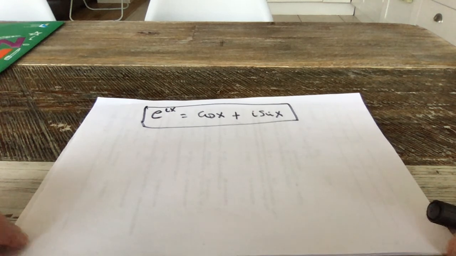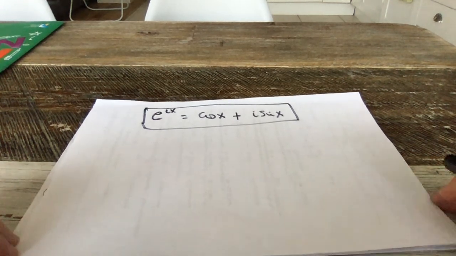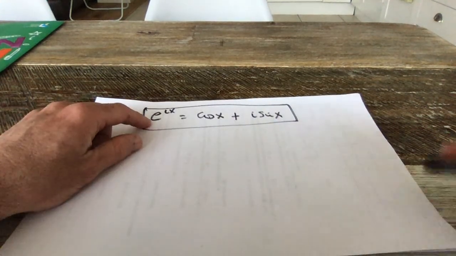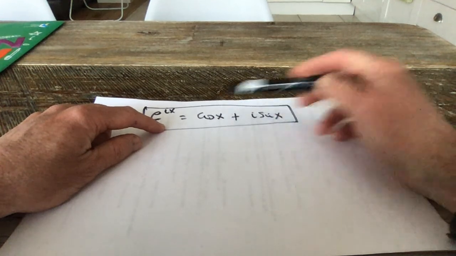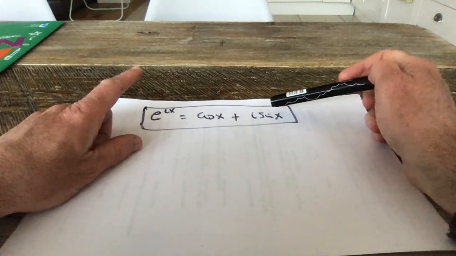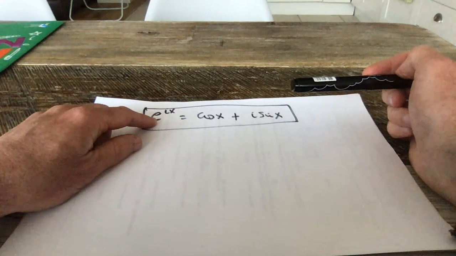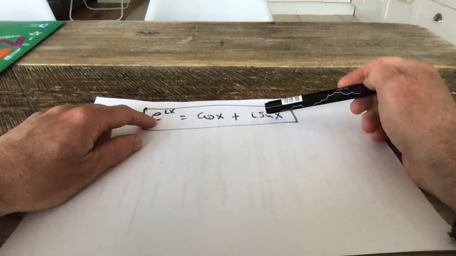Very important result: exponential of ix is cos x plus i sine x. And the reason why it's so important, folks, is that you're taking cos x and sine x, which are waves, and you rewrite them as exponentials. And exponentials are so cool because they have all these nice properties, which we'll talk about in a minute.